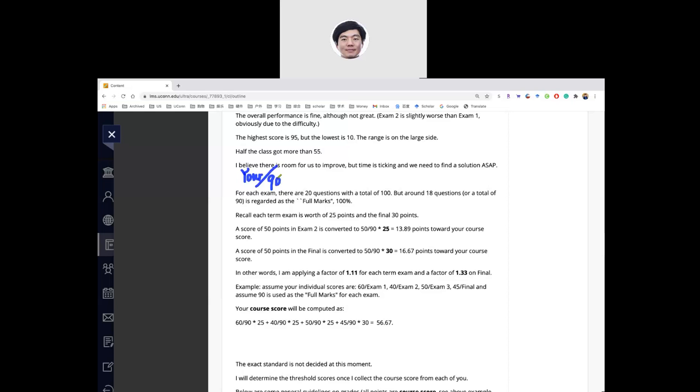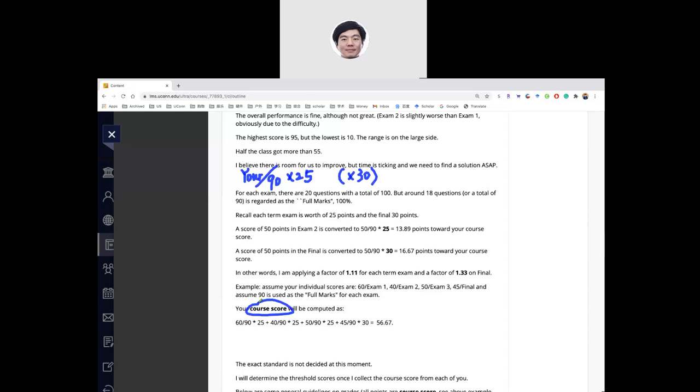Then you will get a percentage, and you use that percentage times the full marks of the exam. For a term exam, you times by 25. For the final exam, you times by 30. Then you convert to an absolute amount for that exam, and you add the 4 components together, and you will eventually get what I call your course score.